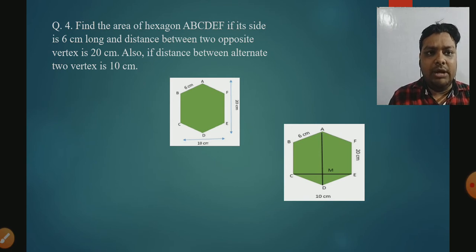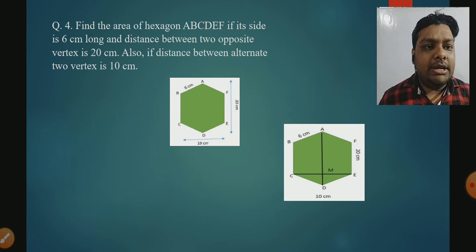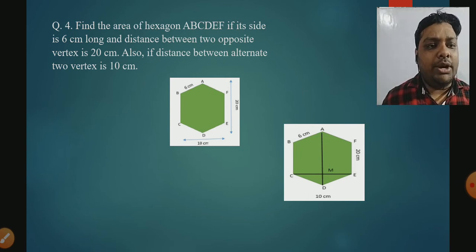If you see the figure, ABCD and AFED both look like a trapezium. CE is perpendicular to AD, so CM is also perpendicular to AD. It means CM is the height of this trapezium.